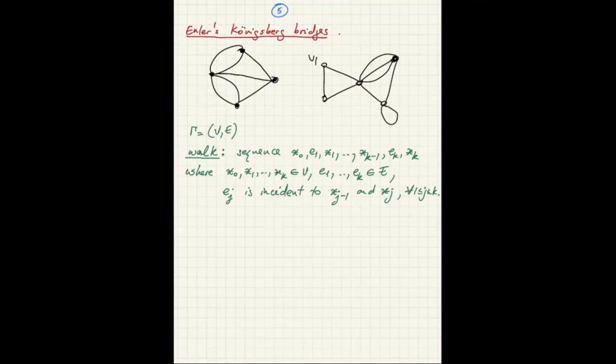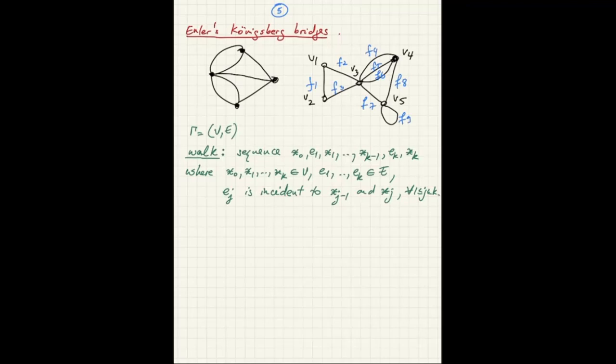So this one is V1, V2, V3, V4, and V5. And then let's call the edges F1, F2, F3, F4, F5, F6, F7, F8, and the loop is F9.